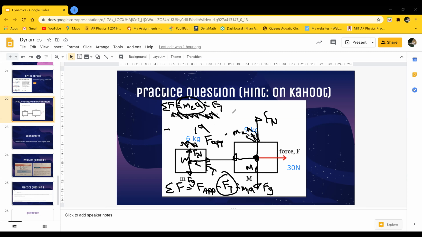We're finding tension, so basically what I said before is you divide both sides by m2, and your a equals Ft over m2. Then you would not substitute that in for Ft. You would substitute that into the a in m1a.